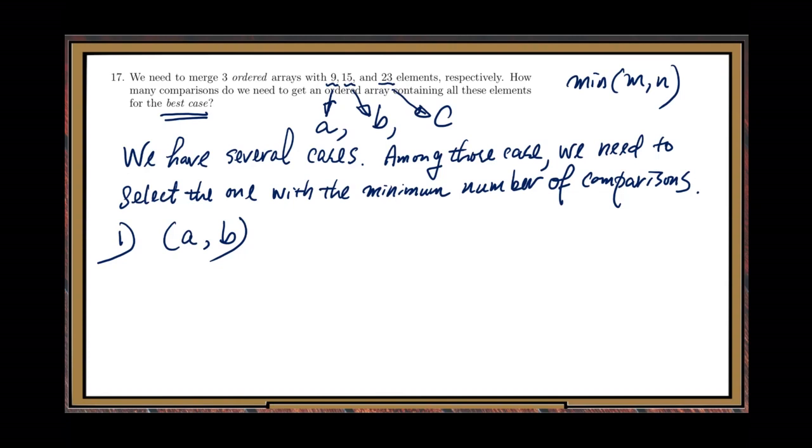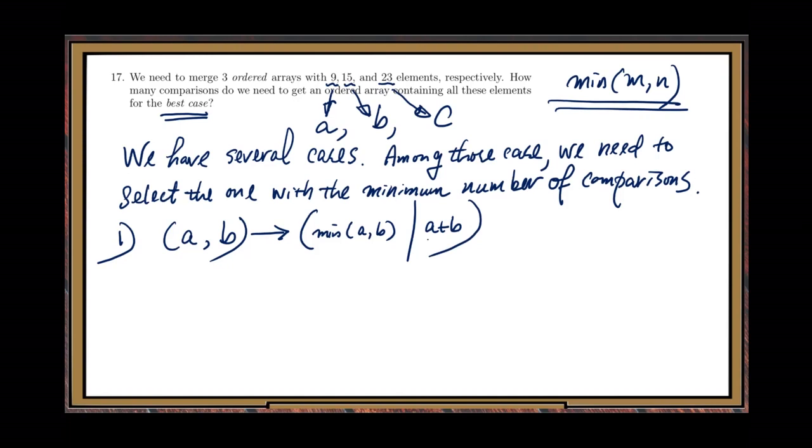Then, by the best case merge formula, we get the minimum of A, B, vertical bar, our older notation, A plus B. So that's the first merge.